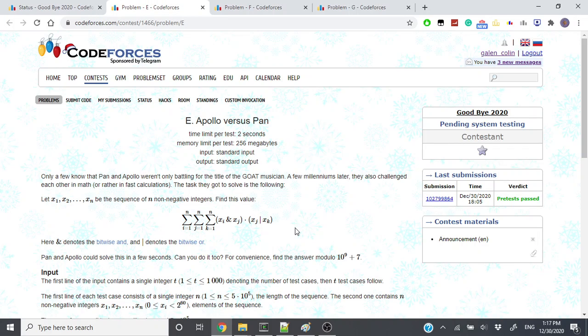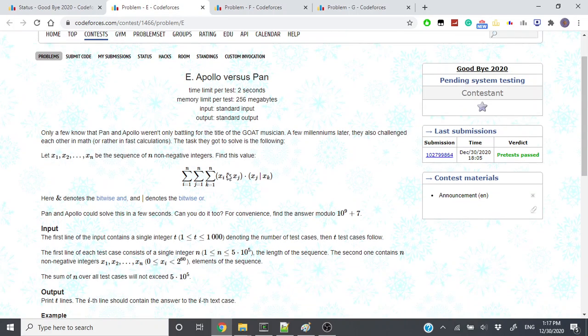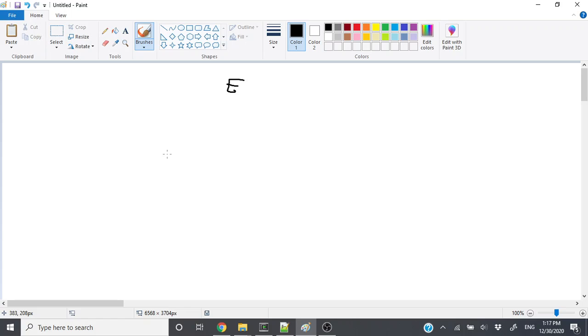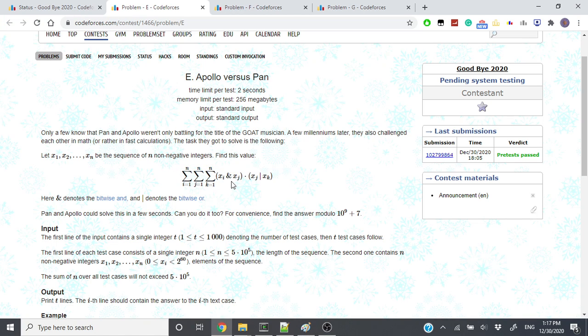Okay, this is the next one. And well, this is the statement right here. They don't even need this subtext. This is just the statement. You have an array, compute this value.